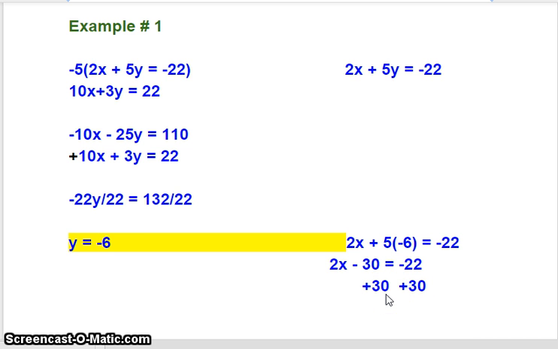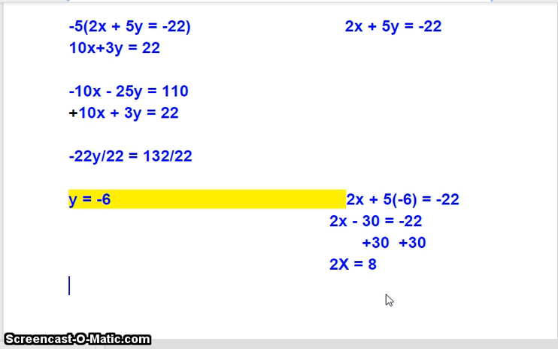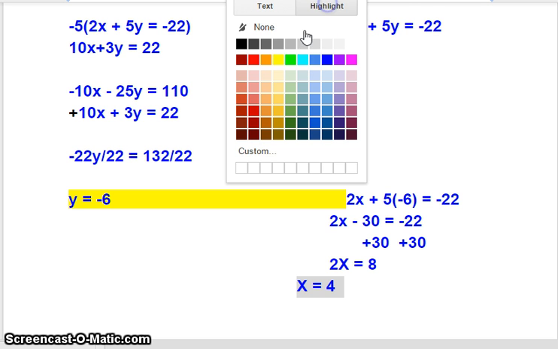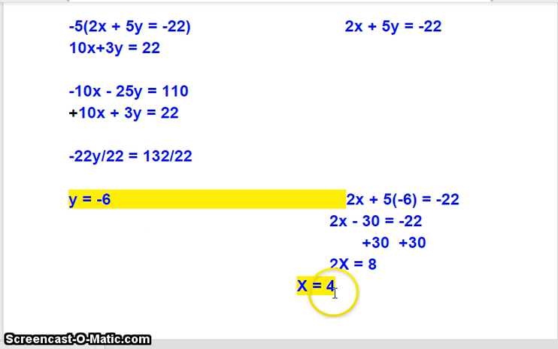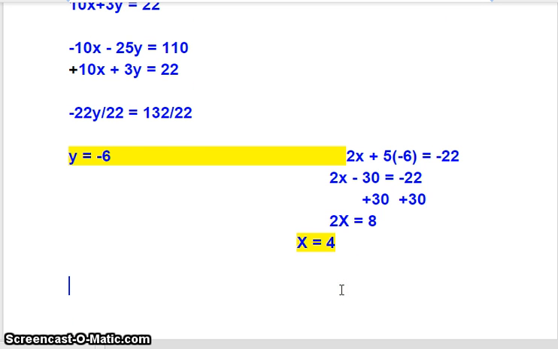And that's going to get us, we're going to have 2x equals 8. And of course, from there, we know we're going to divide 2 from both sides. X will equal 4. So there you have it. We'll highlight that answer as well. Our solution is going to be 4, comma, negative 6.